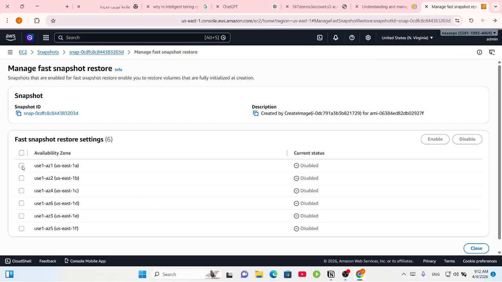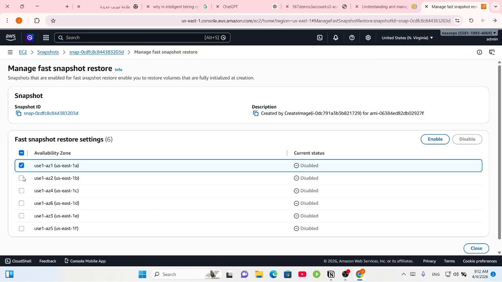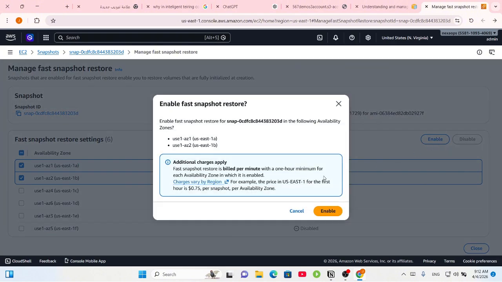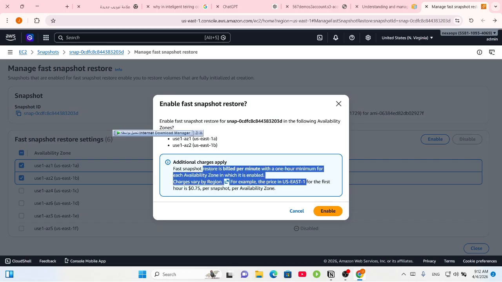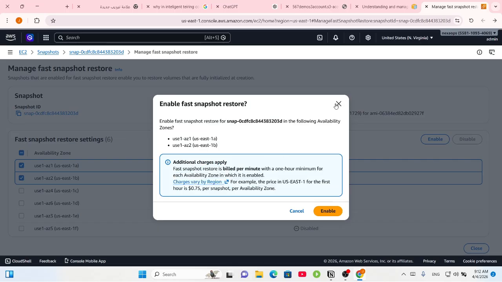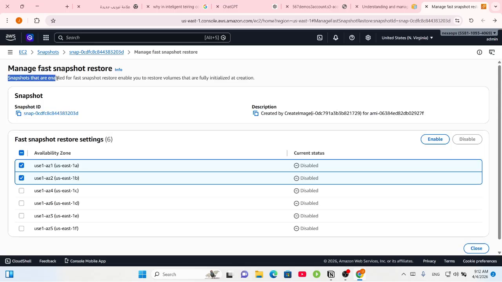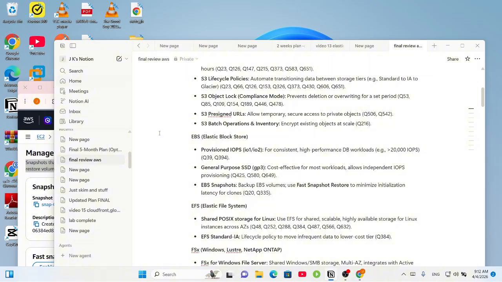You can choose the availability zone, and enable. Note that this will cost money. It will be billed per minute, so I'm not going to enable it. But the idea is that snapshots enabled for fast snapshot restore let you restore volumes that are fully initialized at creation, so it makes it faster.